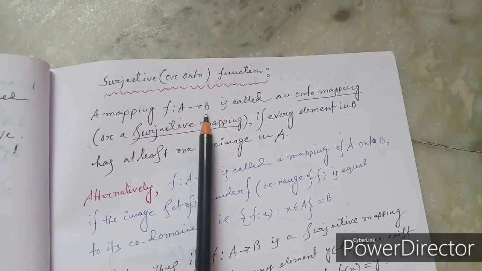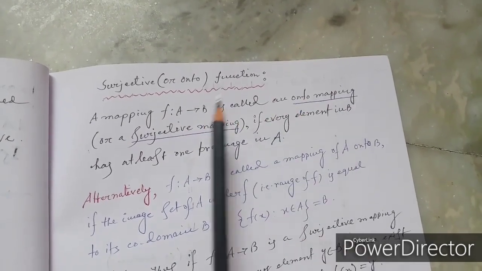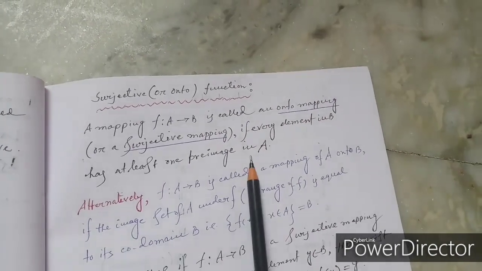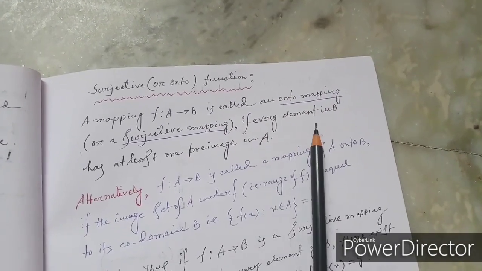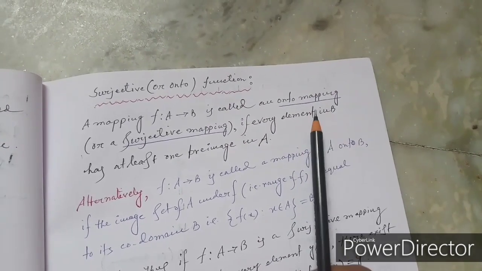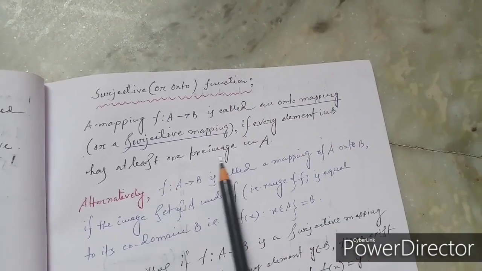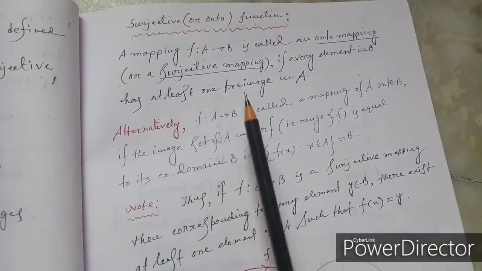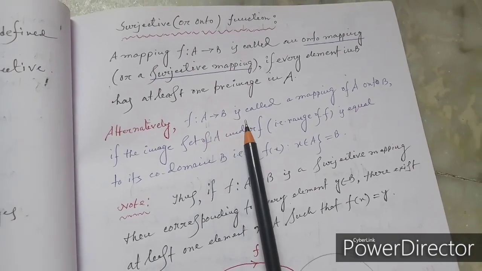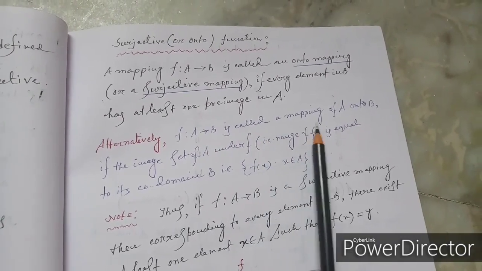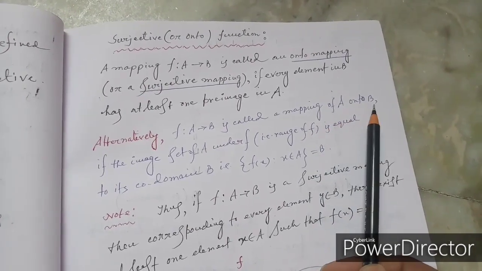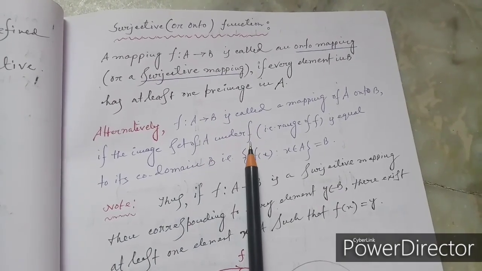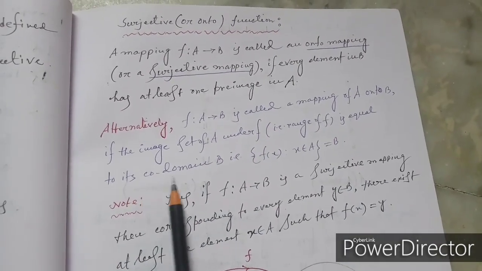A mapping f from A to B is called an onto mapping or a surjective mapping if every element in B has at least one pre-image in A. That means if you consider any element in the codomain set B, you have at least one pre-image in A. So now the alternative definition is: f from A to B is called a mapping of A onto B, that means a surjective mapping, if the image set of A under f is equal to its codomain B.